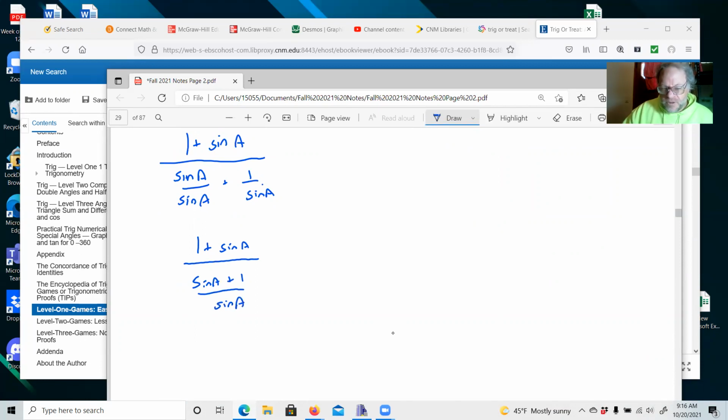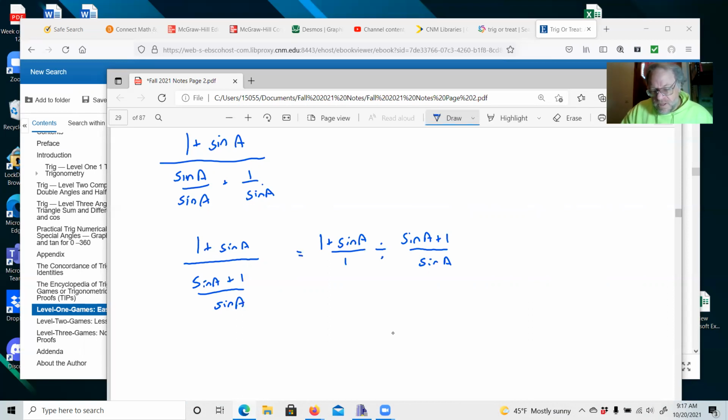Okay, and this is equal to 1 plus sine A, technically over 1, divided by sine A plus 1 over sine A, because that's how we deal with a compound fraction. What do you do when you're trying to divide by a fraction?